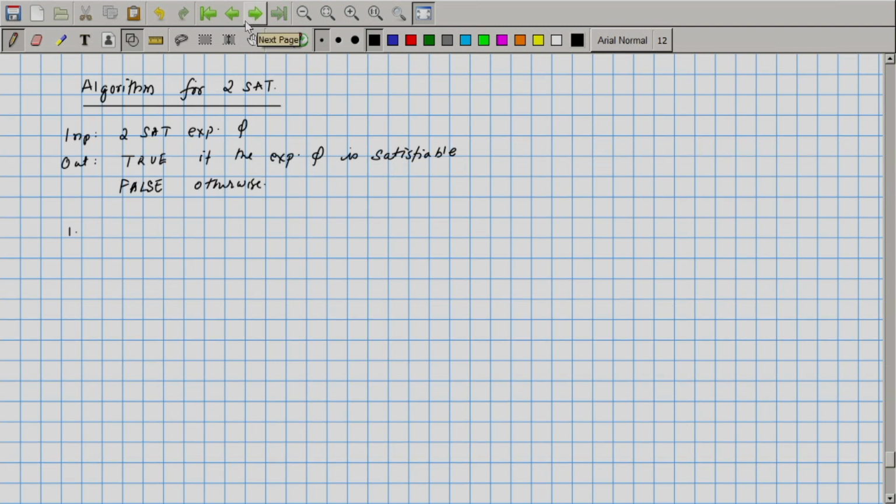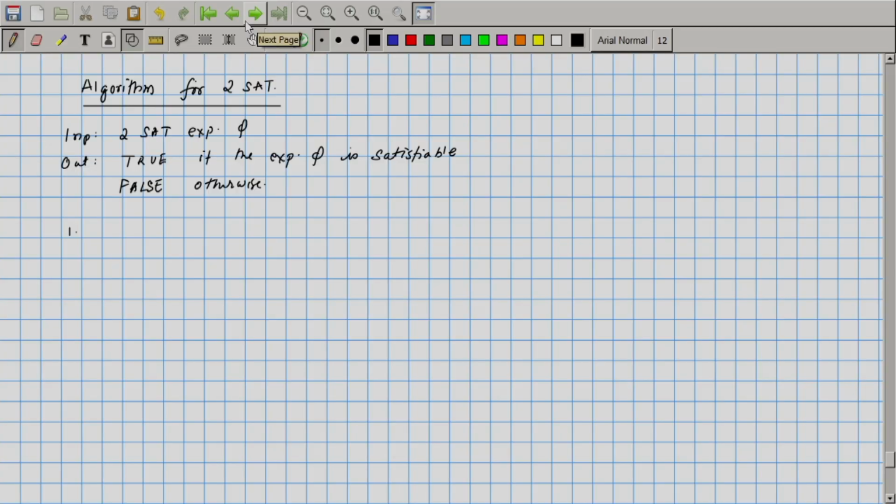So, we will pick one of the clauses which is unsatisfied for a given assignment and then randomly change one of the literals in that to make that particular clause satisfied, and then again recheck if the entire expression is satisfied, and we will keep on repeating it some number of times.